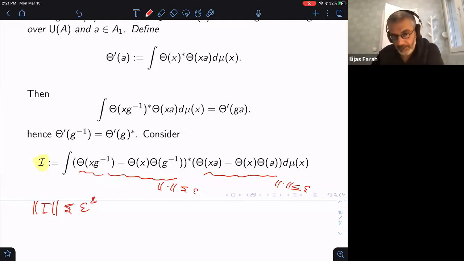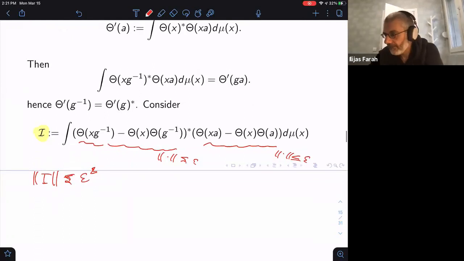Okay, but we can also simplify this. I'm not sure if simplify is the right word, but basically, let's go through all this and see what is going on. So what is I?